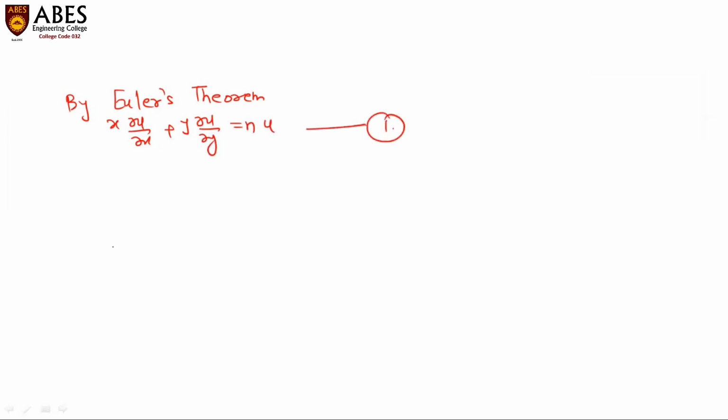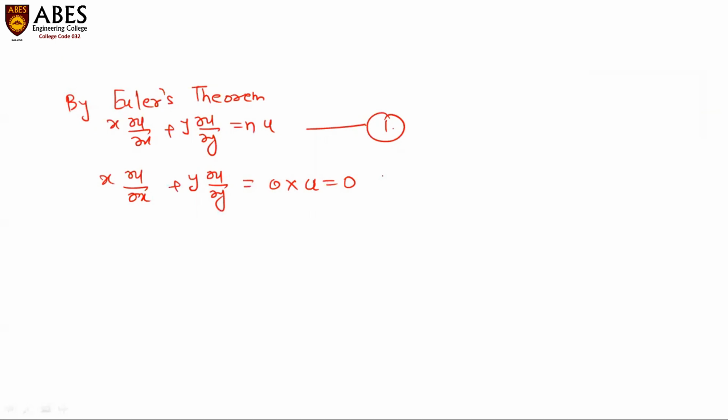Here n is the degree of the given homogeneous function, and we have already derived that it is 0. So we can write x into del u del x plus y into del u del y equal to 0 into u equal to 0. So right hand side equal to 0.